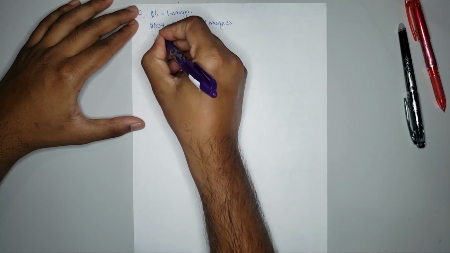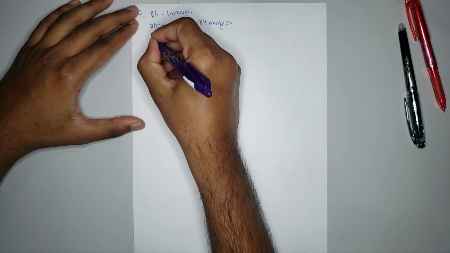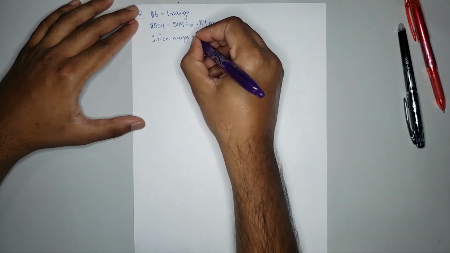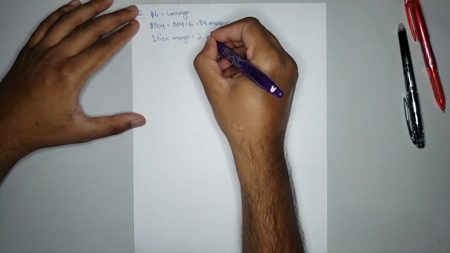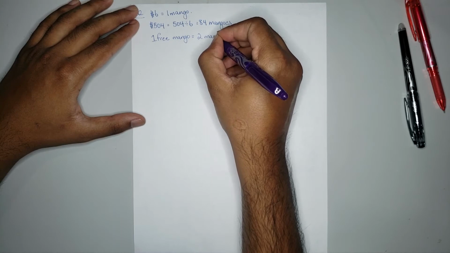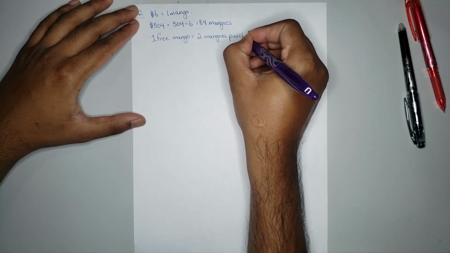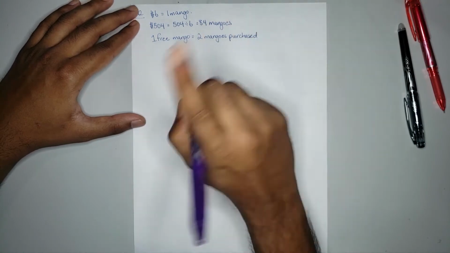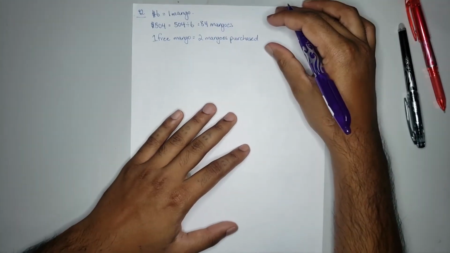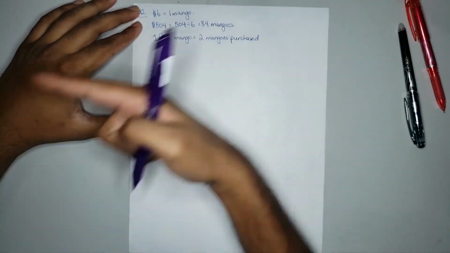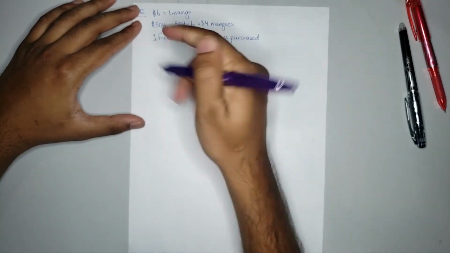Now, 1 free mango means that 2 mangoes were purchased. So if you get 1 free mango, that means you purchased 2. In this question, they said that she gave 30 free mangoes.